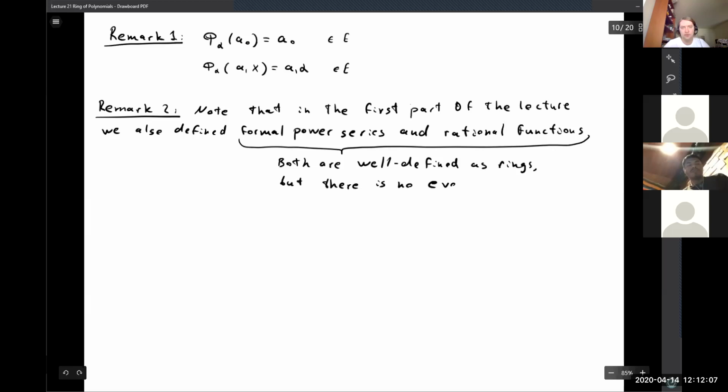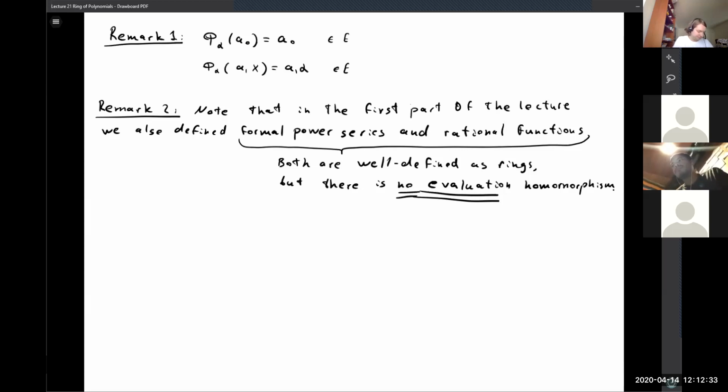No evaluation homomorphism. So if we want an evaluation homomorphism, if we want to associate a function, we need to restrict ourselves to the polynomials.